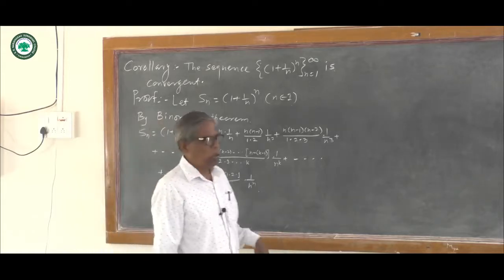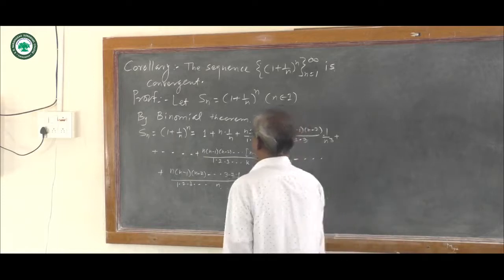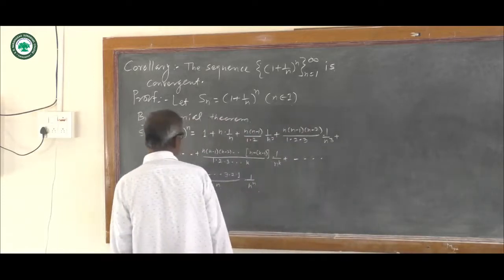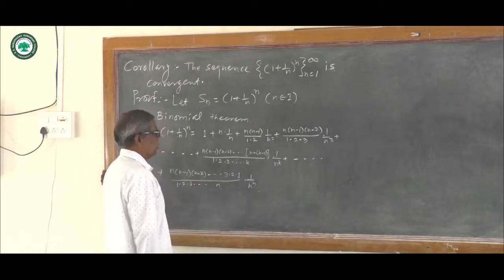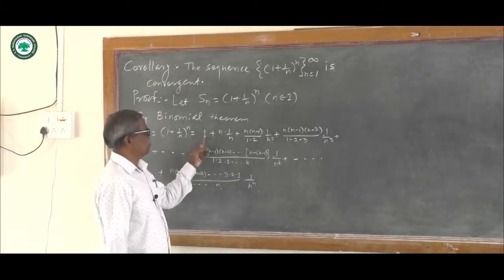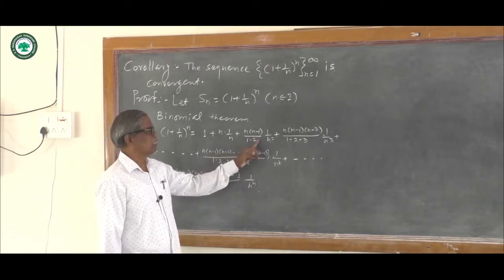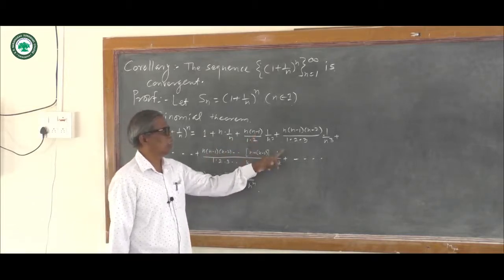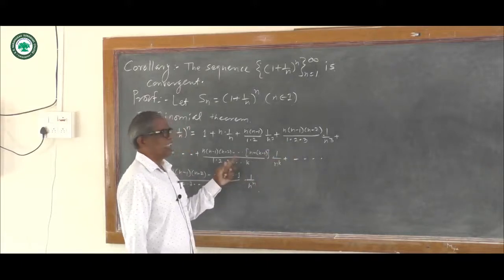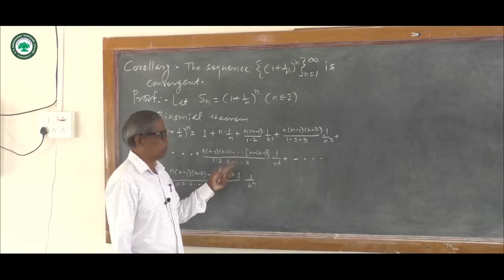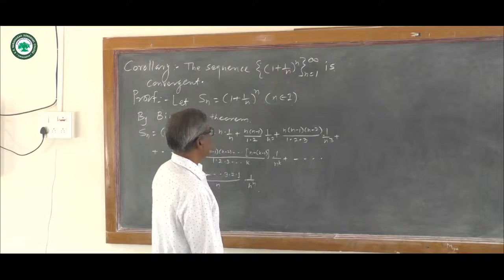By using binomial expansion, (1 plus 1 upon n) raised to n is equal to this value. Now, this is the first term, this is the second term, this is the third term, this is the fourth term, and this is the k plus first term of the sequence.